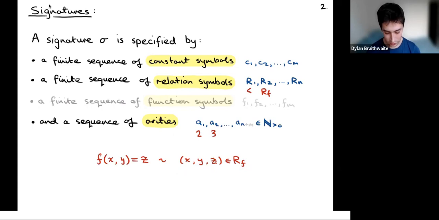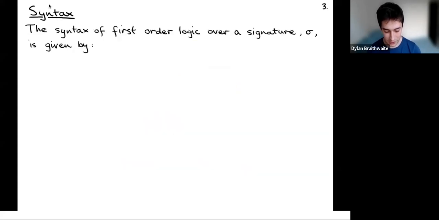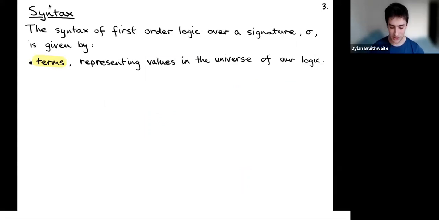And so from that, we can talk about the syntax that's generated by that signature. This consists of two things, which are terms, and terms represent the values that the logic is actually talking about. When I say values, I mean quantities rather than truth values.